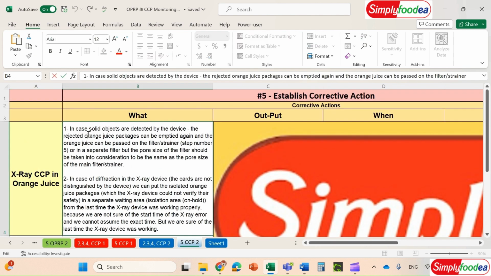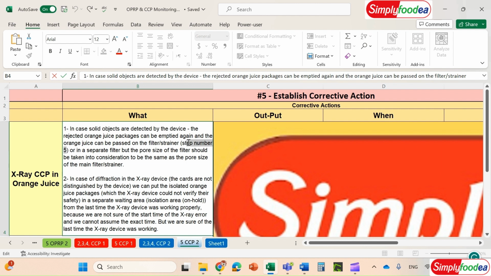What I'm establishing: in case any solid objects are detected by the X-ray device, the rejected orange juice packages can be emptied again and the orange juice can be passed on the filter or the strainer, step number 5.